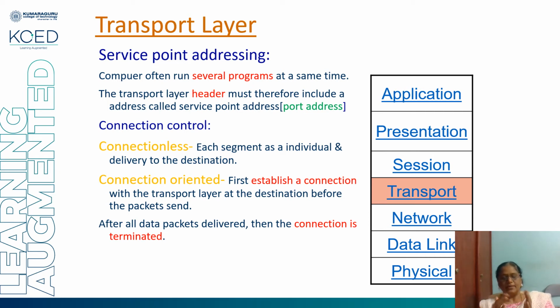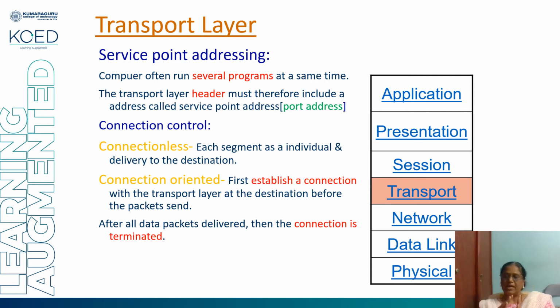I said the lower layers are the physical layer, data link layer and network layer. The transport layer is called the first end-to-end layer, meaning it is the first layer which connects the sender and receiver. If you recollect the previous diagram, until the network layer, it deals between links.